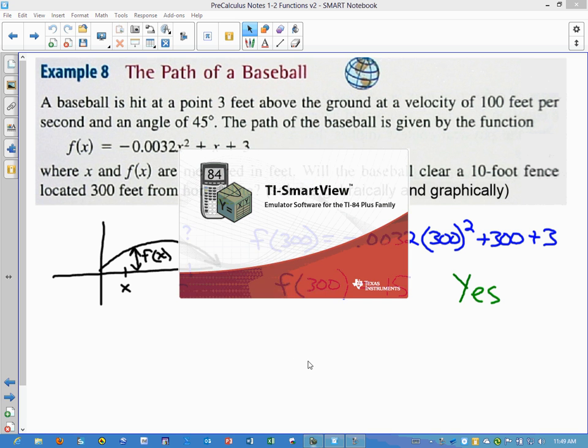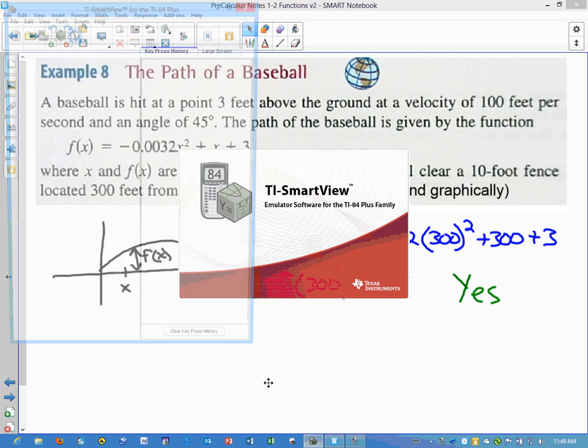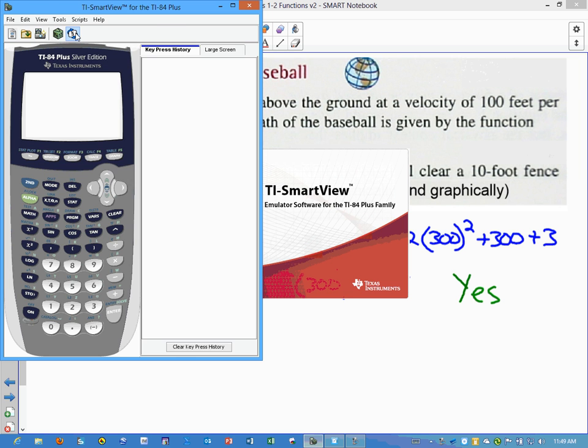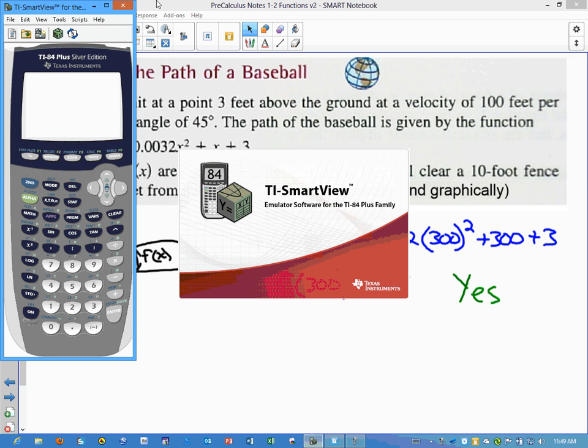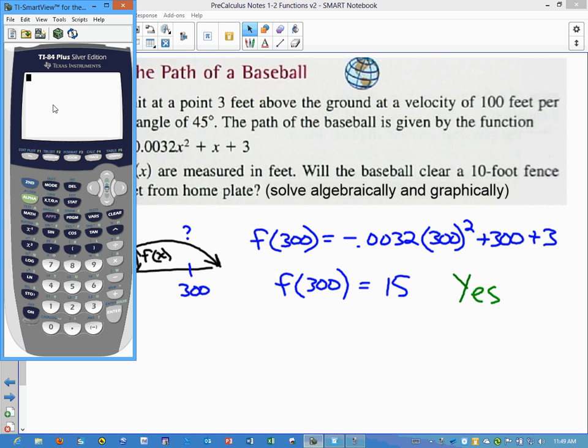So let me pull up our graphing calculator, which is going to be a TI-84. Whenever you first use your graphing calculator, especially if you're borrowing one in class, you should always go and check your mode first.